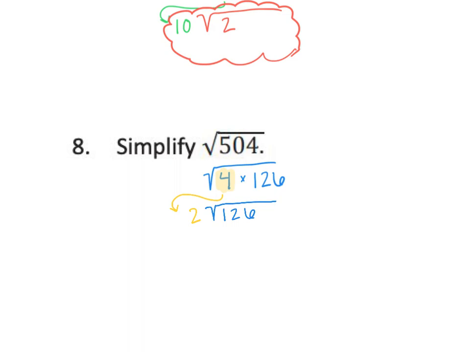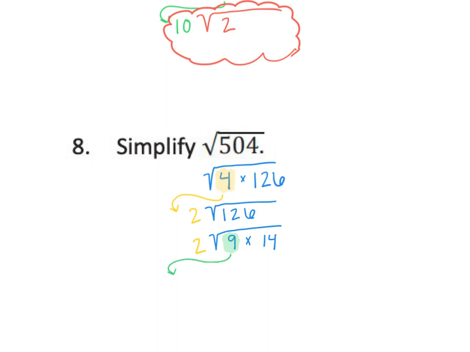Okay? Now if you go through your perfect squares, 126 is not divisible by 4, but it is divisible by 9. So this is the same as saying 9 times 14. Don't forget we have a 2 on the outside. All right. From there, I can find the perfect square of 9.